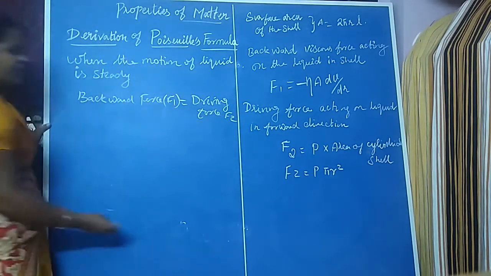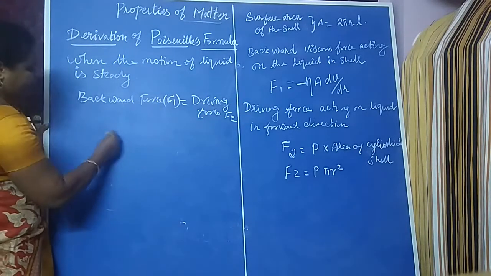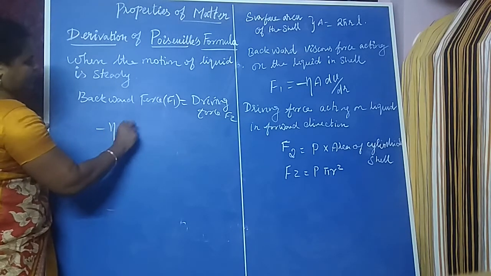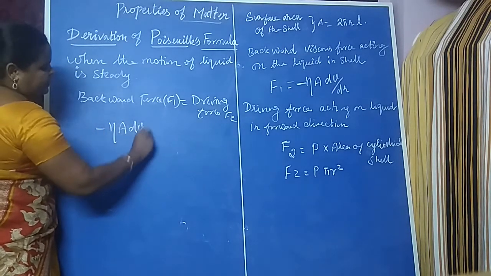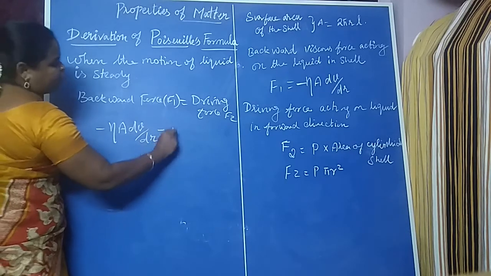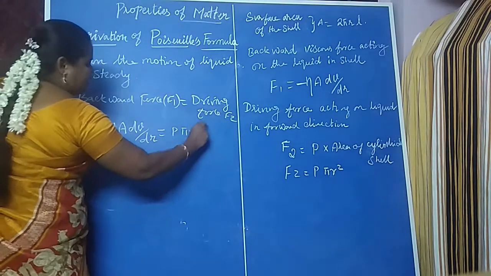So we have to equate these two equations. F1 we have minus eta A dV by dr, which is equal to P pi r square.